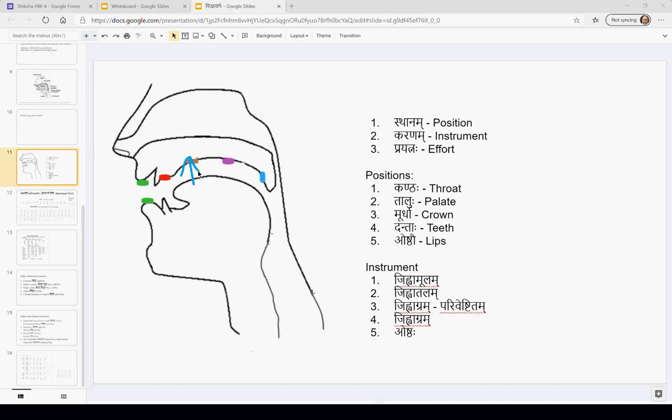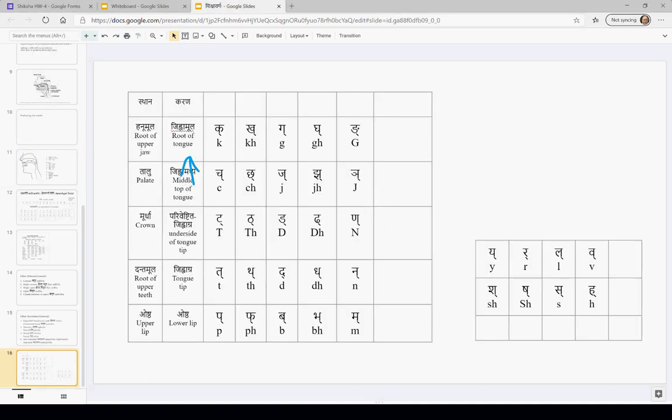For English speakers, it may be a little bit challenging, because as I understand, there is no real ta sound in the English language. These sounds are not there, and even these sounds are not exactly there.